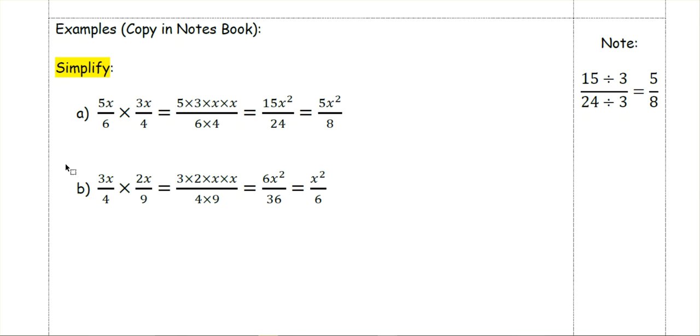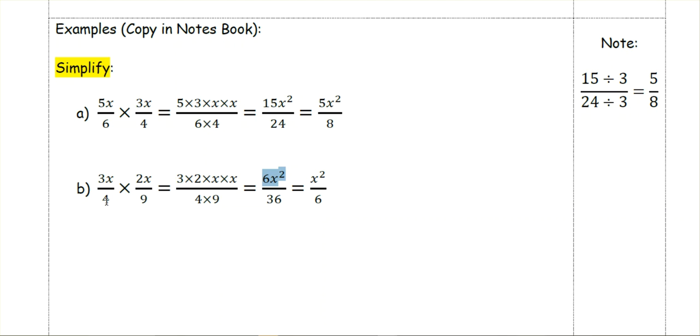And then the second example, part B, 3x over 4. So on the top, multiply the numbers first, so 3 and 2. 3 times 2, and then we've got x times x, which gives us 6x squared.